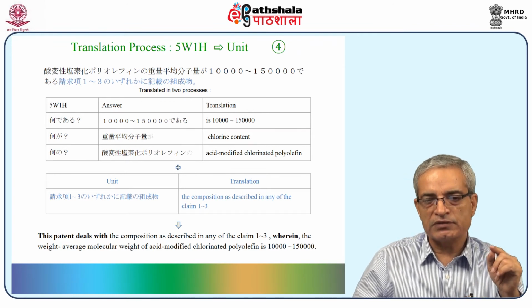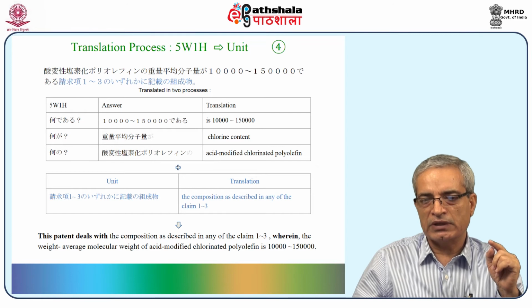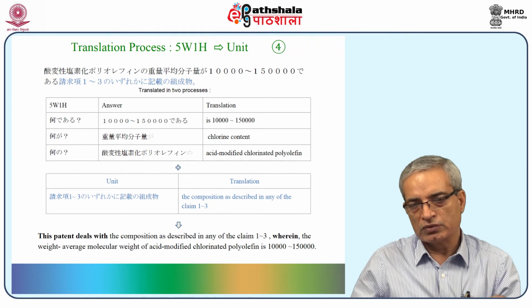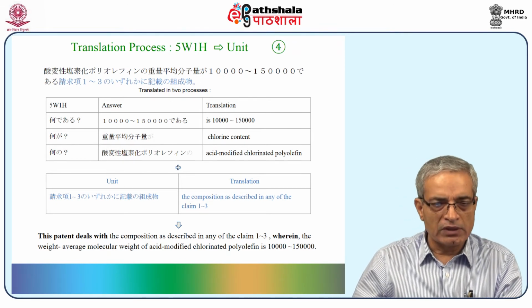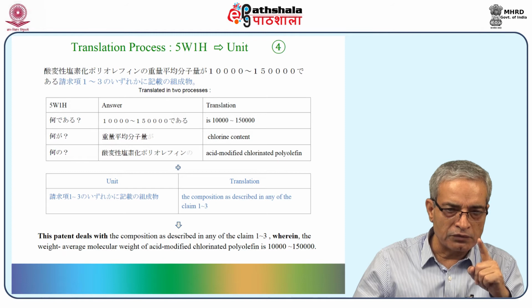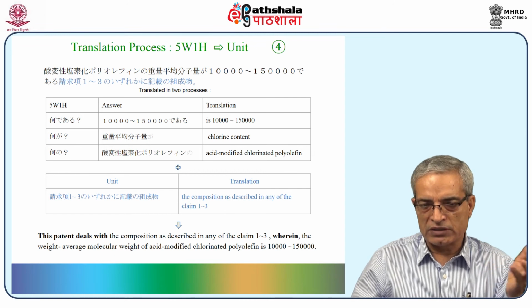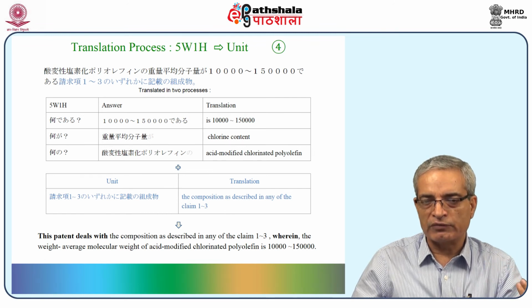So this patent deals with the composition as described in any of the claims 1 to 3, wherein the weight average molecular weight of acid modified chlorinated polyolefin is 10,000 to 1,50,000. Well, this weight average molecular weight of acid modified, we don't know, but this is what is available in the dictionary, so we have to use it as it is.